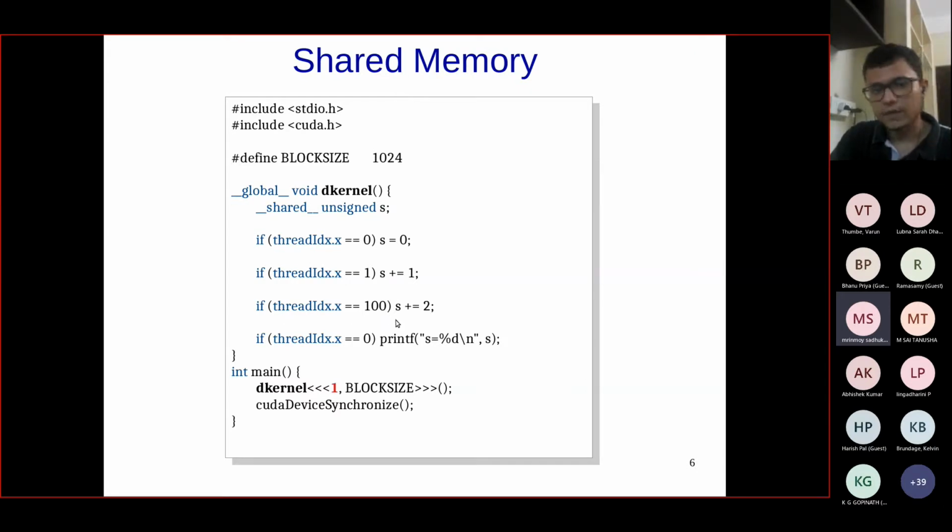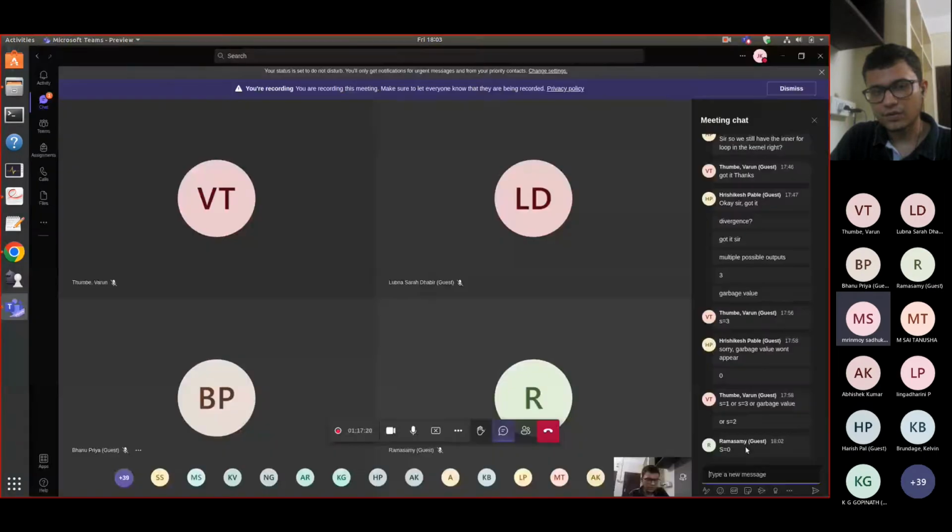So even though these three statements execute in lockstep fashion, one after another, the statement being executed by thread with ID 100, which is not in that warp, can be interleaved in any fashion. So the following interleavings are possible.